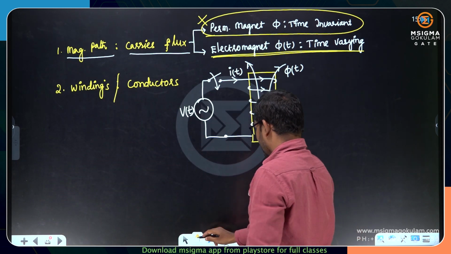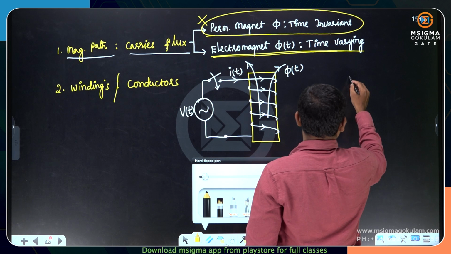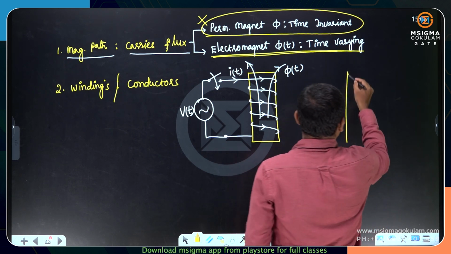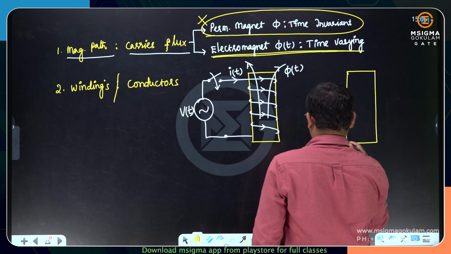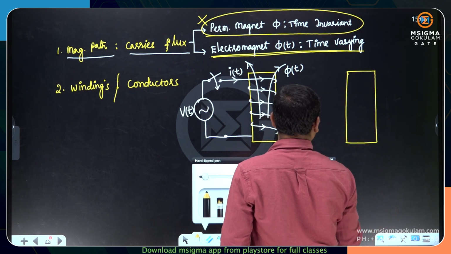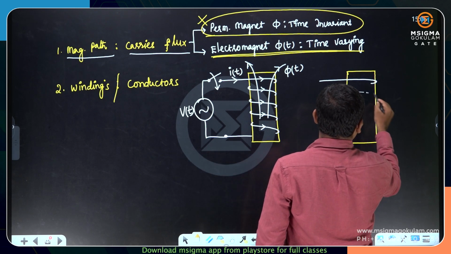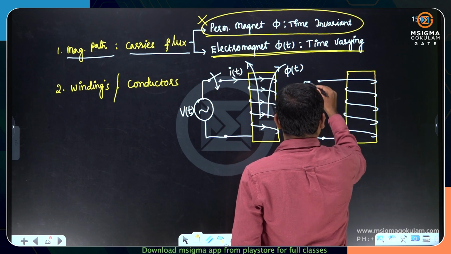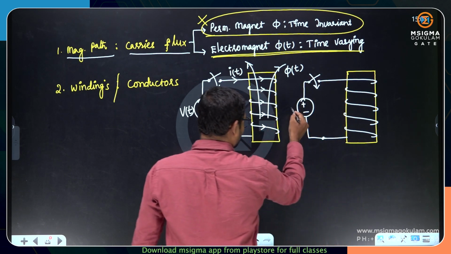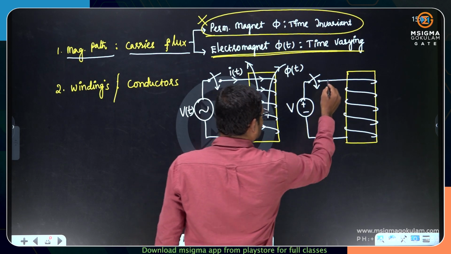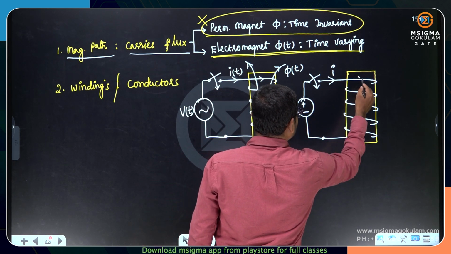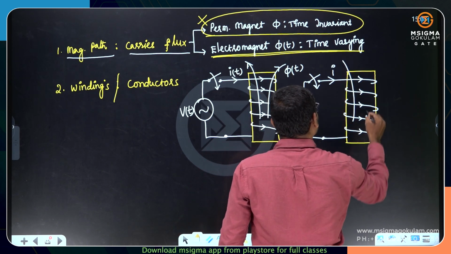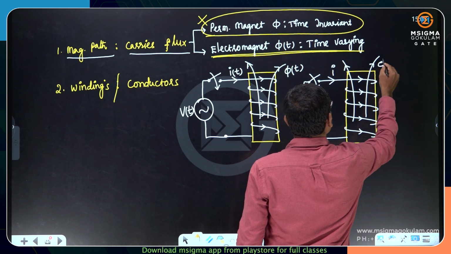If you take the same magnetic path, or maybe a steel or any material, and I am placing the winding here, now you can connect a DC source. If you connect a DC source, it's a constant voltage source. This constant voltage source will drive a constant current through the winding, and the constant current will again create a flux. And this flux is time invariant.